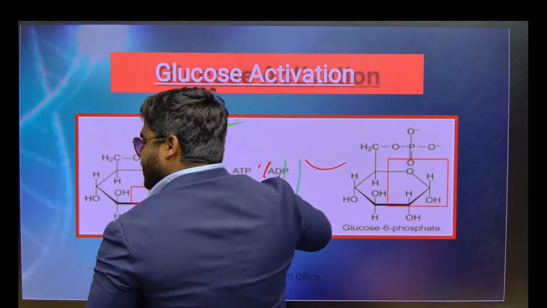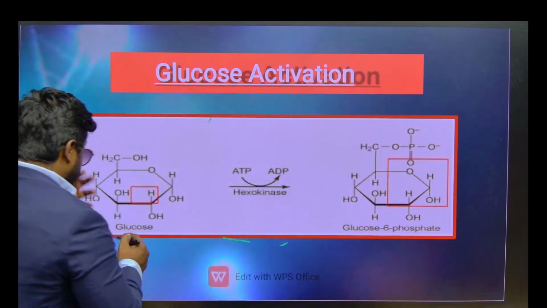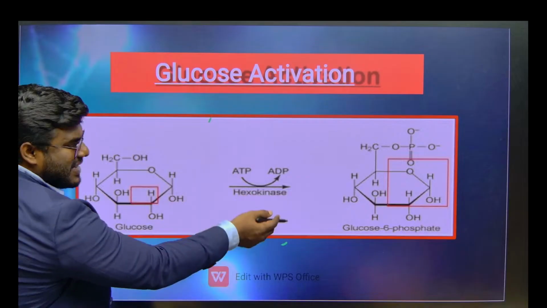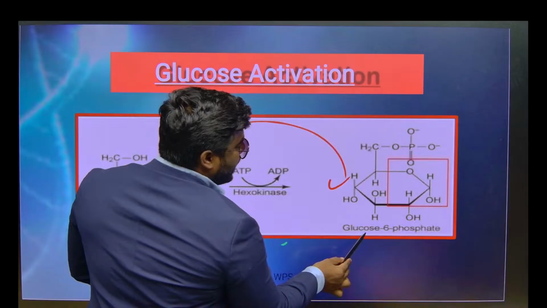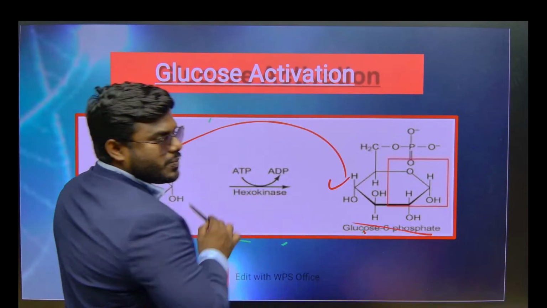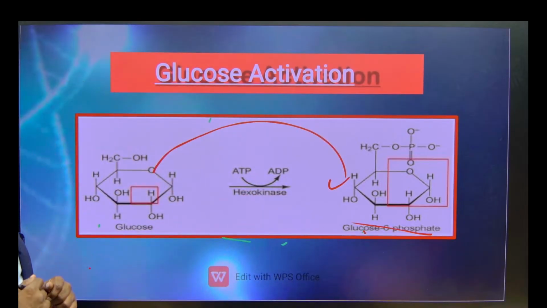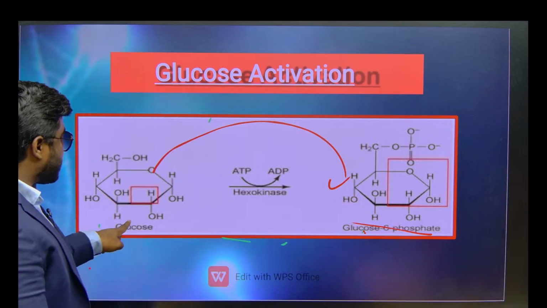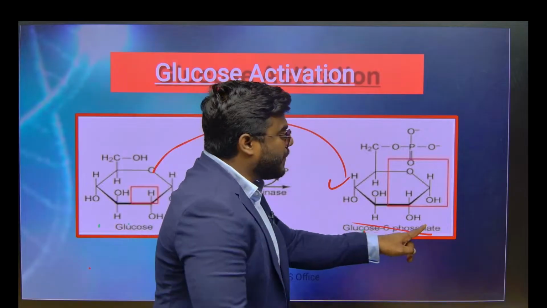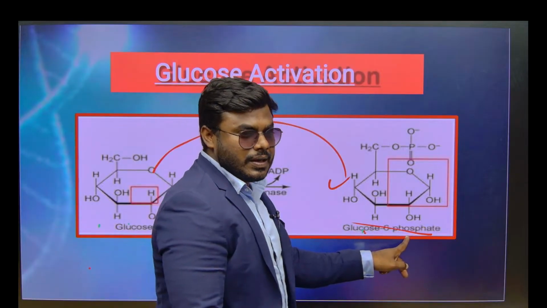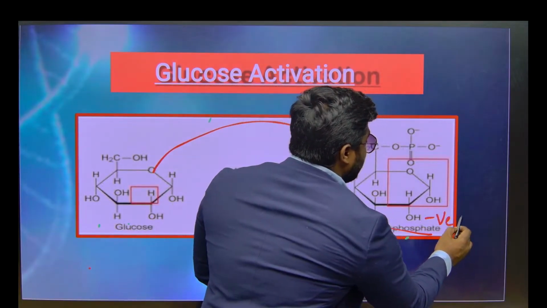So friends, the interesting point here: whenever glucose enters inside, immediately it is converted into glucose 6-phosphate. This is a very, very good question. Why is it converted immediately into glucose 6-phosphate? Because phosphate is what charged? Phosphate is negatively charged.